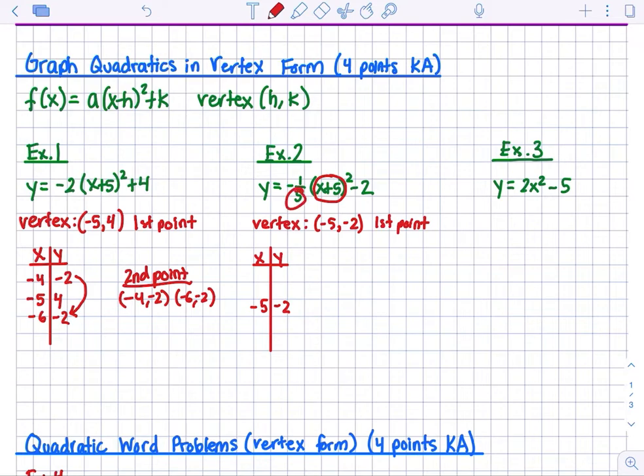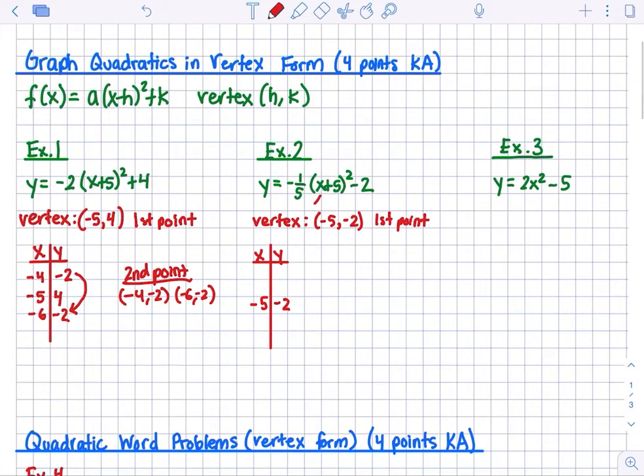Because on the outside, you're going to have to divide by 5. Well, if you plug in 0, 0 plus 5 is 5, and 5 is divisible by 5. So we're going to plug in 0, because I know we'll get 5, and 5 is divisible by the 5 on the outside.